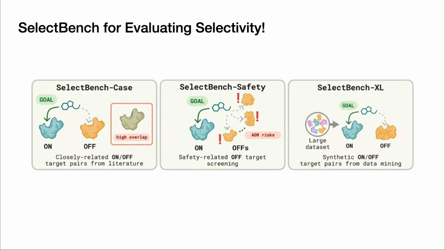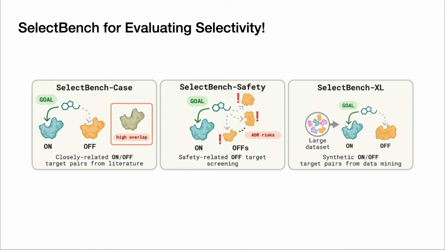So given the experience we got in this paper with the code generation, we decided to make proper metrics and proper datasets where people can test their models on the selectivity task.